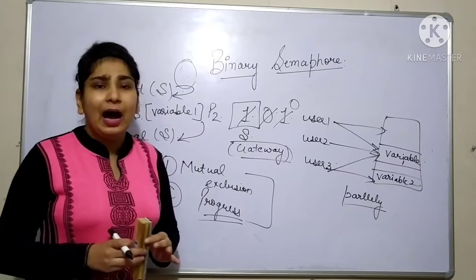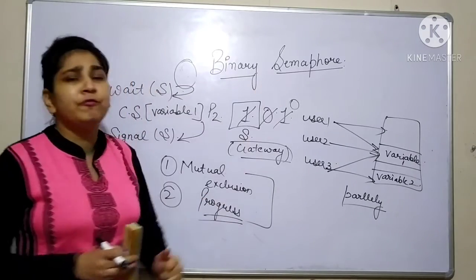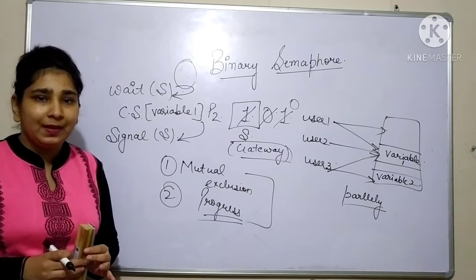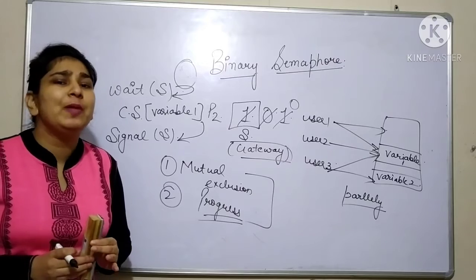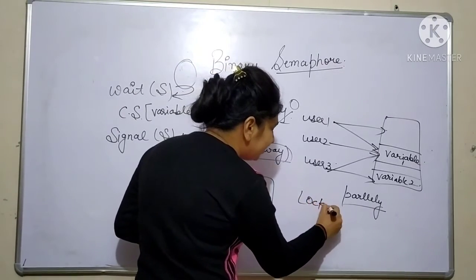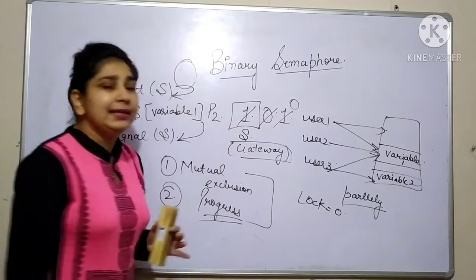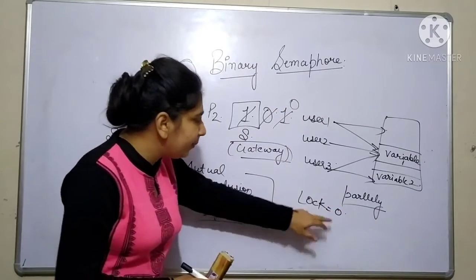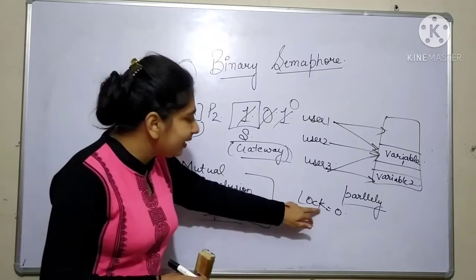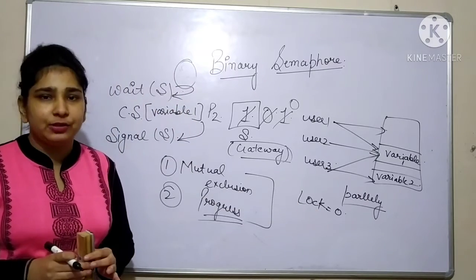And how is this binary semaphore different from lock variable? If you have watched my last video, if we have lock variable 0, that means your process can enter into the critical section.